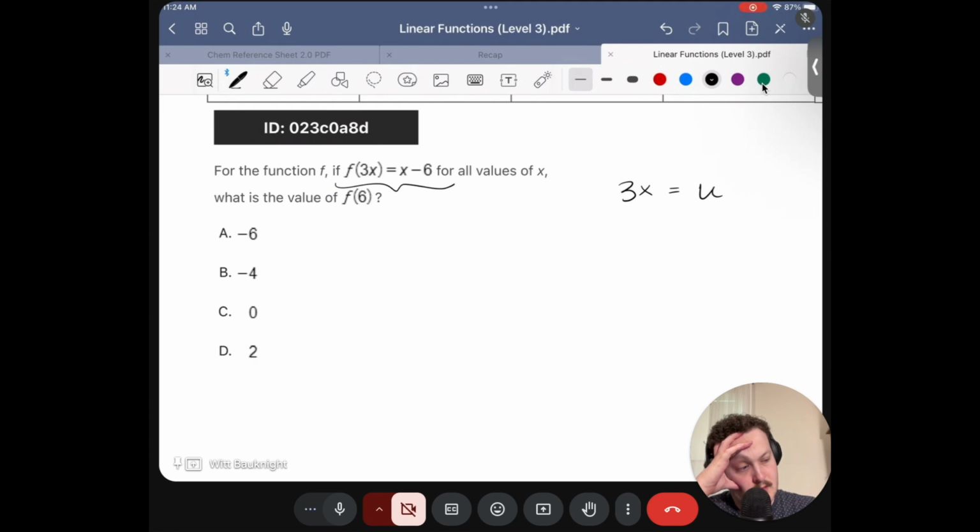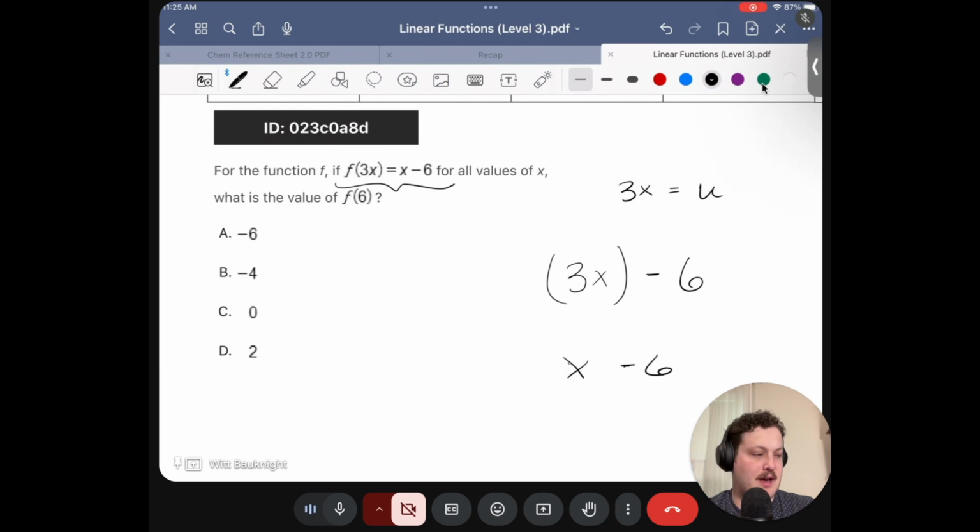Or, this might be the wrong way of going about it. When I plug in 3x to this, it spits out x minus 6.